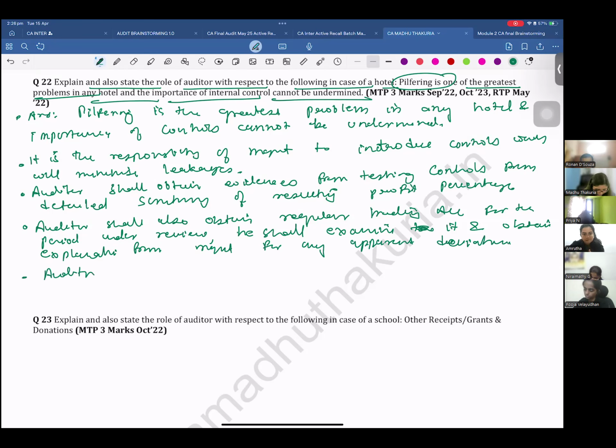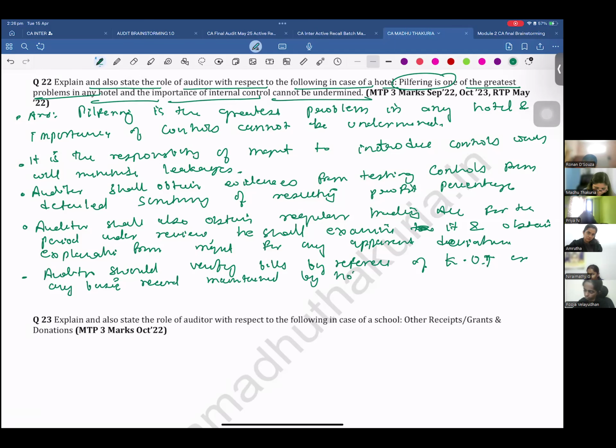Auditor should verify bills by reference to KOT or any basic record maintained by hotel.